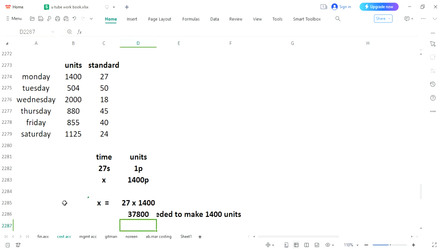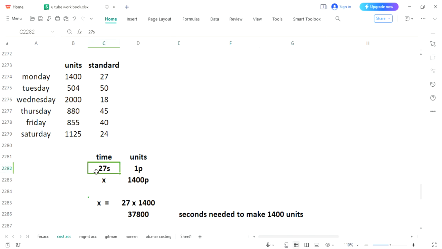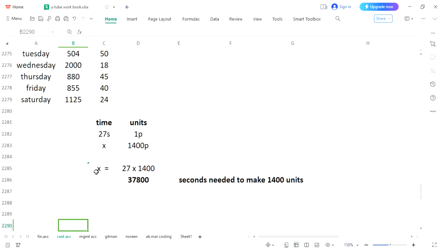Okay, again try to understand. 37,800 was seconds, and we have written over here what actually we have calculated. Let's put it together. Okay, 37,800 seconds are needed to make 1400 units. Next step is to turn these 37,800 seconds into minutes.